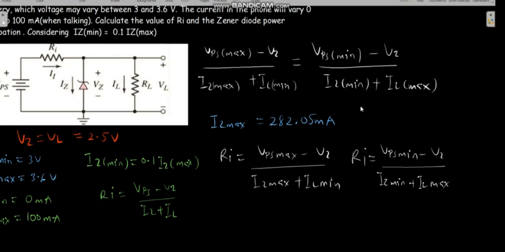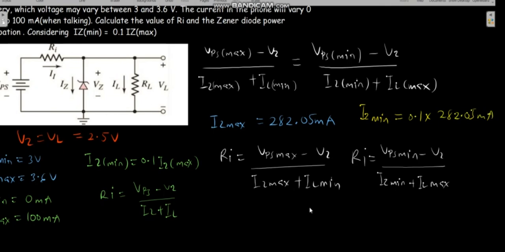So you can find Iz minimum from this formula, where Iz minimum equals 0.1 times Iz max. So that will be equal to 0.1 times 282.05 milliampere.